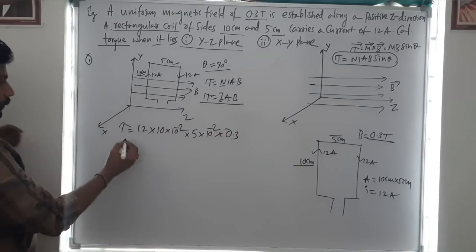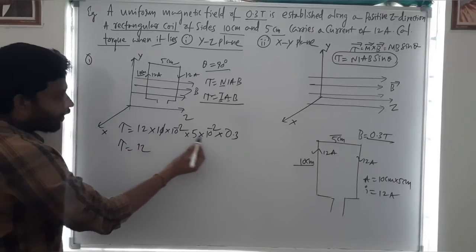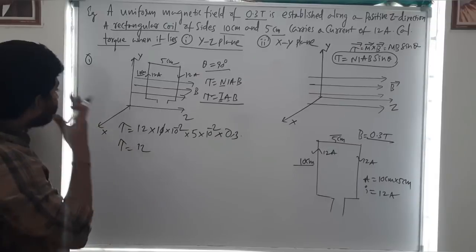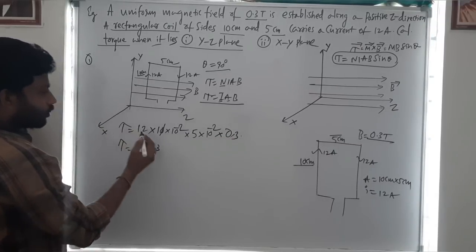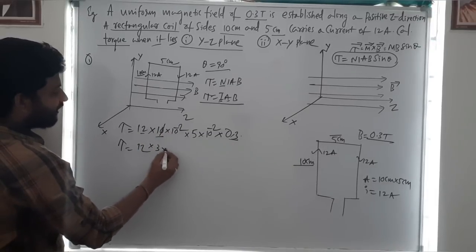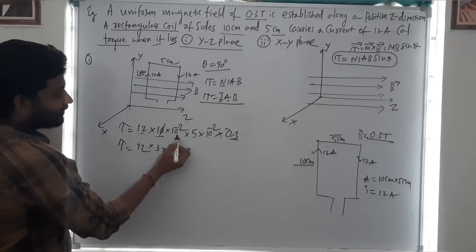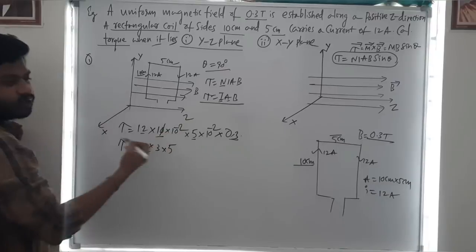So now tau is equal to 12 into 0.3, where the zero and the point cancel and it becomes 3. Then 5 is left, and 10 raised to minus 2 into 10 raised to minus 2 is 10 raised to minus 4.